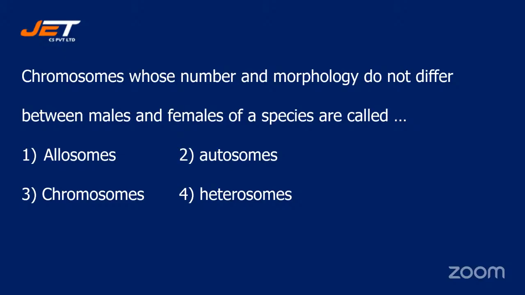Chromosomes whose number and morphology do not differ between males and females of a species are called allosomes, autosomes, chromosomes, or heterosomes. I've already told you, students, this is a very important topic. So for your exams also, just read the chapter heredity and evolution very thoroughly.